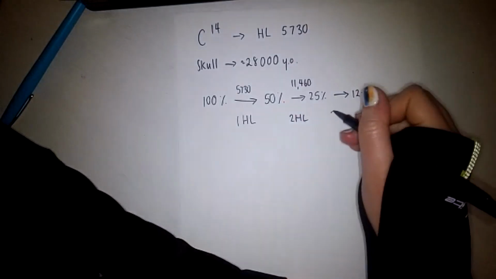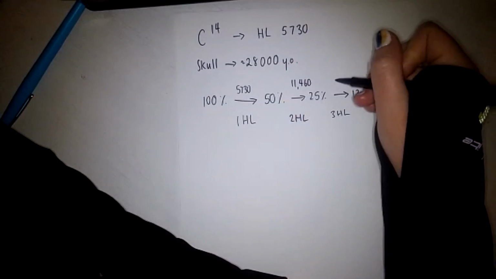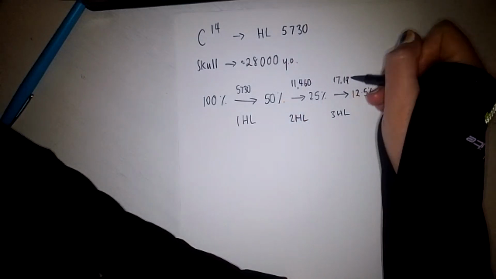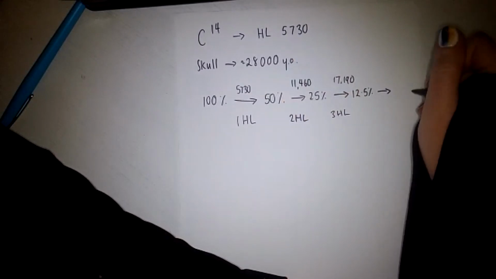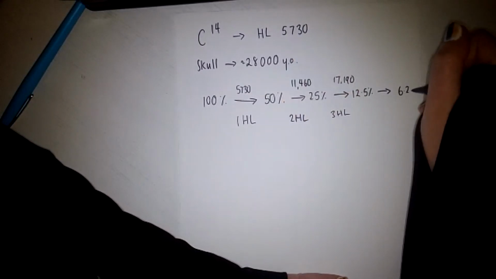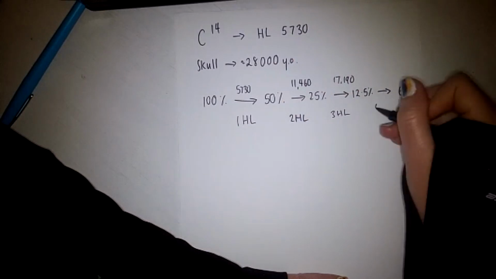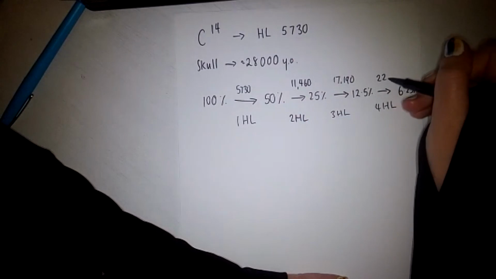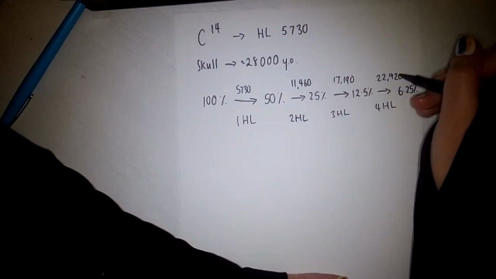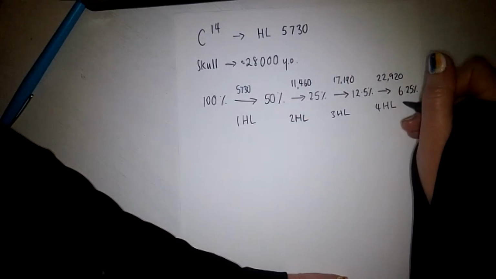12.5%. All right, three half-lives, and that is going to be 17,190 years. Still not in the right place. So we go again, and we go to 6.25%. Four half-lives, and this time 22,920. We're getting closer. So now we need to half this again.